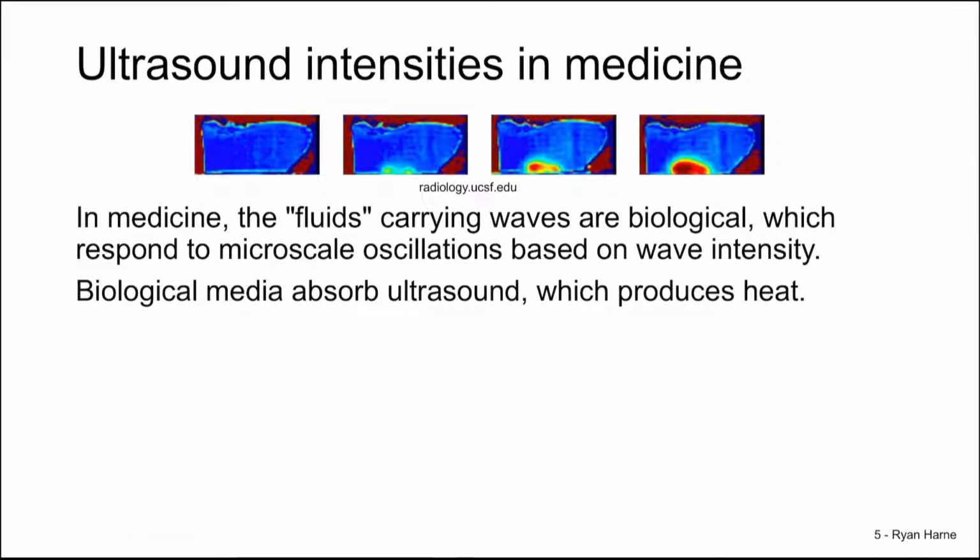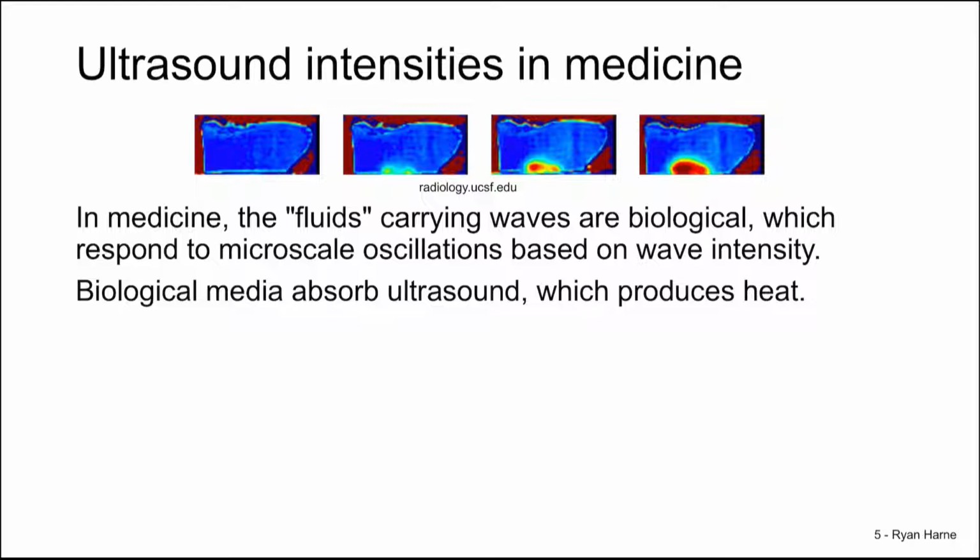How is ultrasound then used for therapy? Well, the fluids that carry the waves in ultrasound medical use are biological tissues. And this means that the fluids are oscillating, which means the tissues are oscillating. They're oscillating at the microscale, but the amplitudes will vary based on the wave intensity.